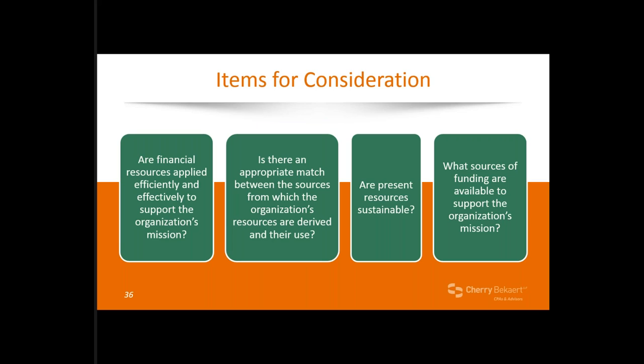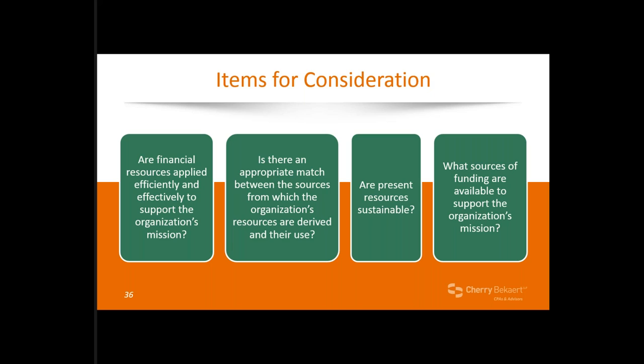Another item for consideration is, is there an appropriate match between the sources of the organization's resources and how they are derived for their use? So how is that organization being funded? Where are the major programs that are being run in the organization, and how are resources allocated to all those areas?